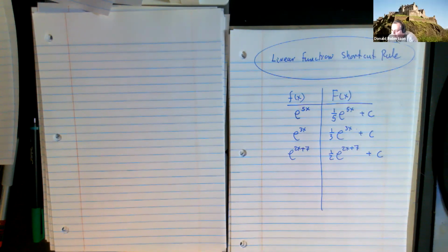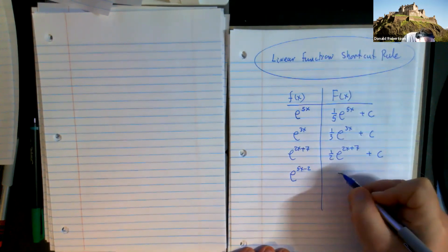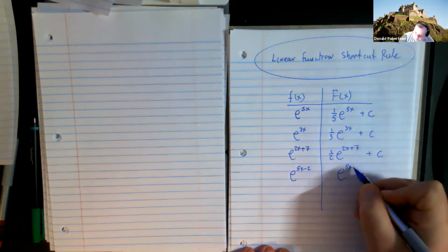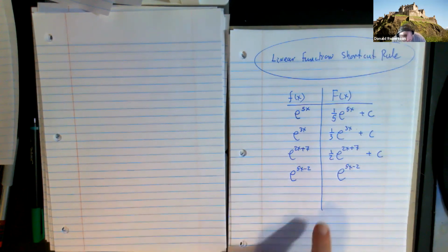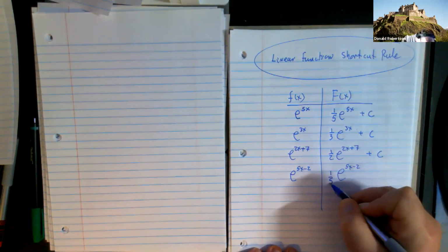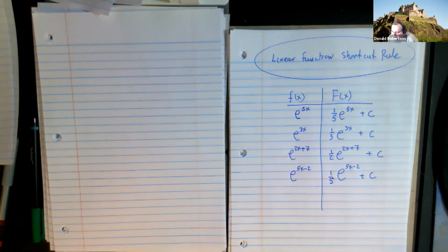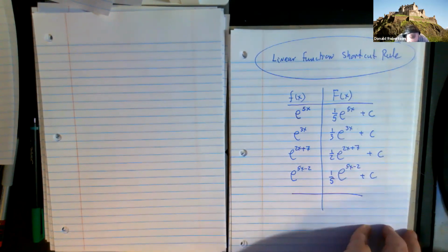So for instance, if I wanted to do e to the 5x take away 2, the antiderivative of e is typically just e, right? And what's that guy going to get me? Well, its derivative gets me 5. You just stick a 5 there. So notice it's 1/5. Well, that's the linear shortcut for ease.